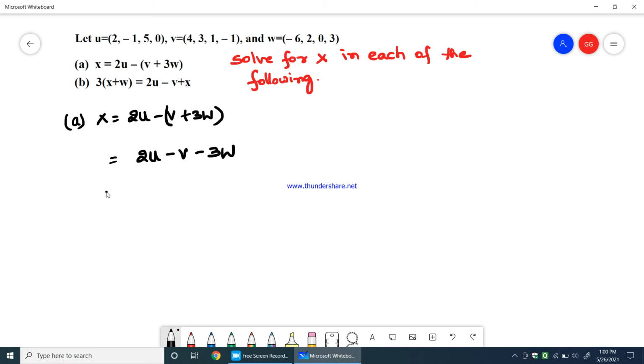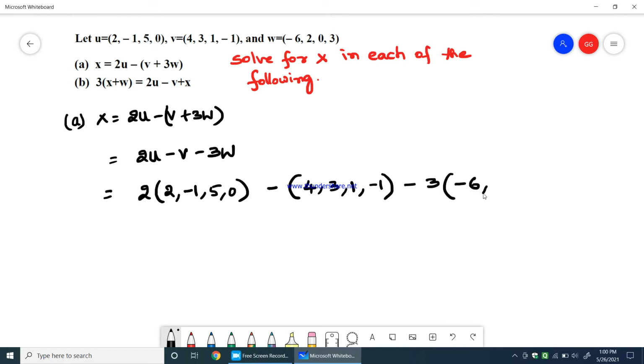Therefore this would be equal to 2 into u, which is (2, -1, 5, 0). I'll just put the vectors I have. Minus v is (4, 3, 1, -1), and minus 3 into w, which is (-6, 2, 0, 3).